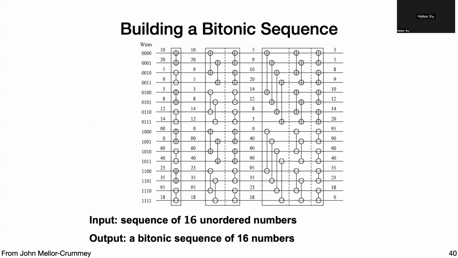So 10 and 20 are fixed because max is going on the bottom part and min is going on the top part. 5 and 9 are swapped because this is minus, so max is on top and min is on bottom. And same here. Now this is plus again, so for 3, 8, min is here, max is here. For 12, 14, max goes here, min goes here, and so on.